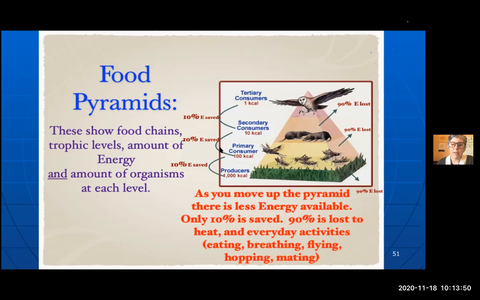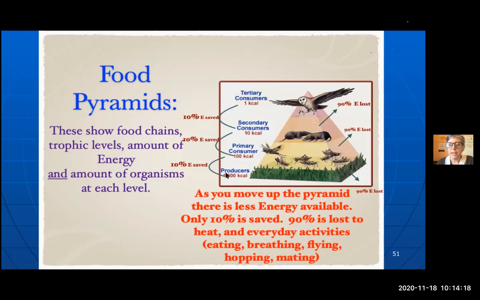So only 10% gets saved for the next organism on the food chain. The rest of that energy, 90% of it, gets lost to just doing everyday activities. So eating, breathing, flying, hopping, running, mating, all of that 90% of that energy just gets lost. So only 10% will go to the next level.